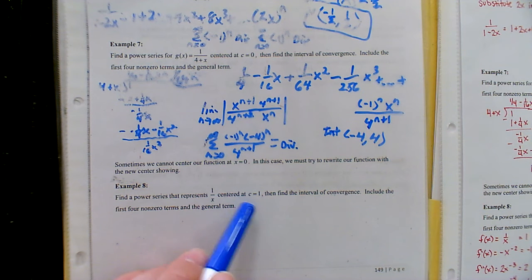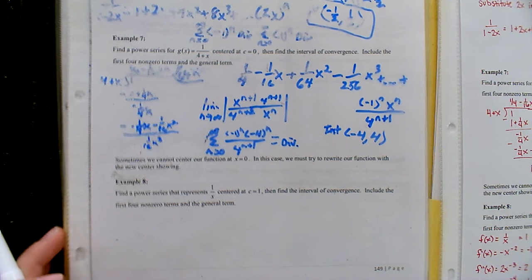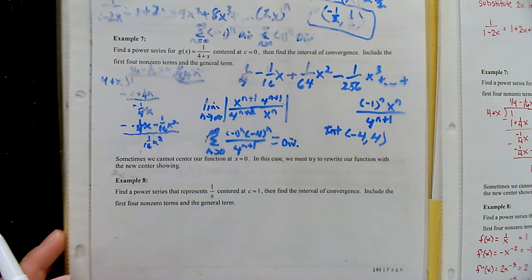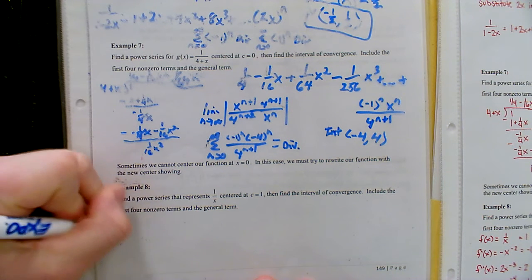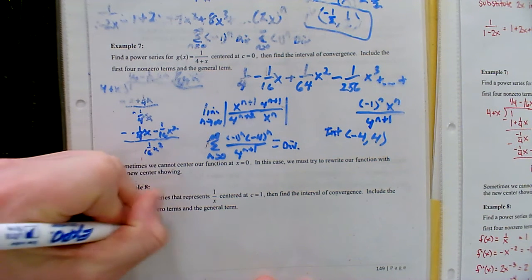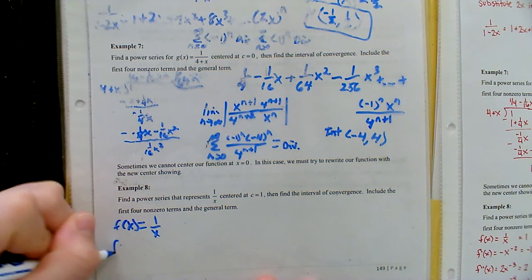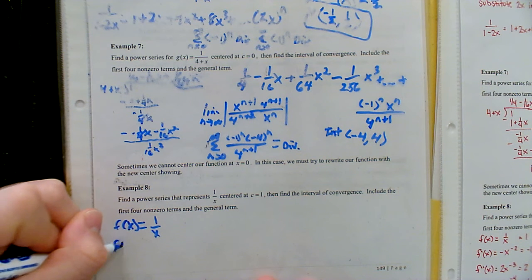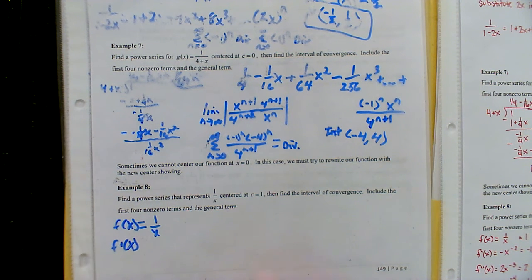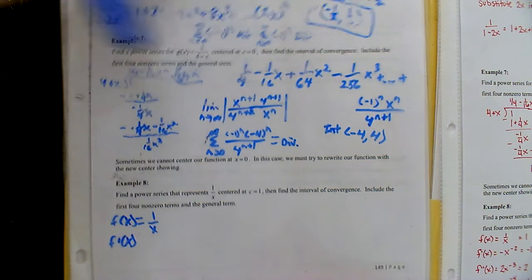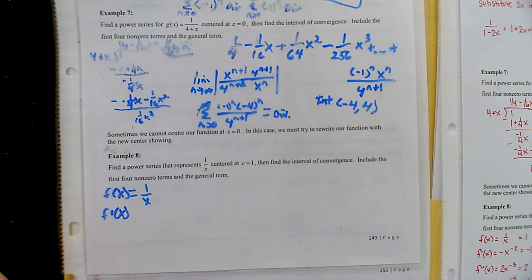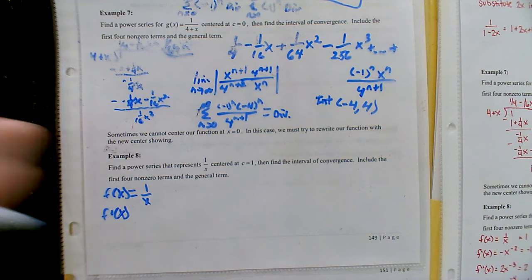So again, since our center's changed and we have this new series 1 over x, let's go back to the traditional way that we actually had found the series last section, which again was listing derivatives. So I'm going to start out with f of x equals 1 over x. How many derivatives do I need to take? If I want the first 4 non-zero terms, I need 3 derivatives. Derivative of 1 over x.